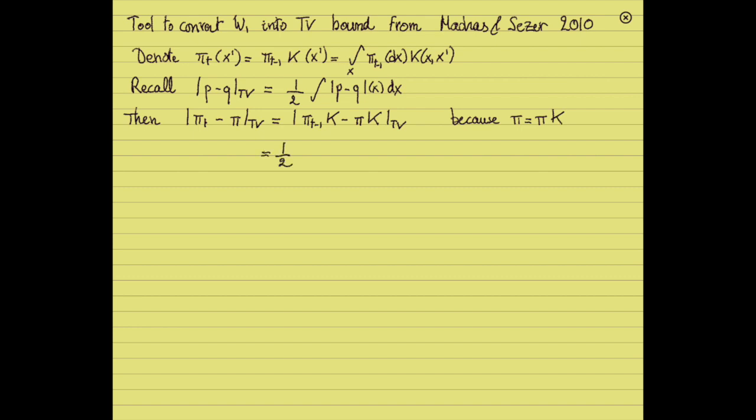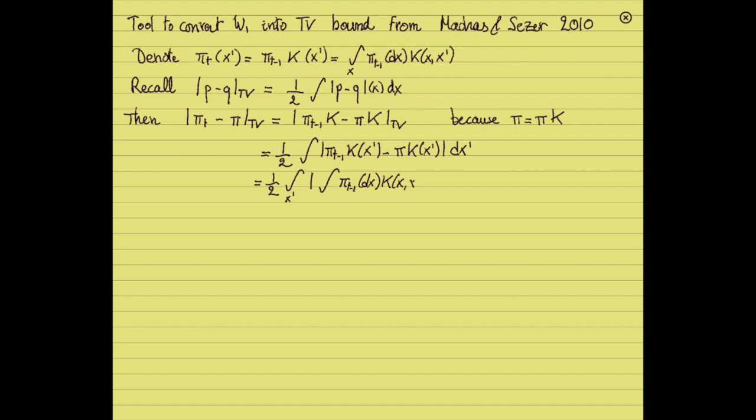Using the representation of the total variation recalled above, we see that this is half of the area between the two PDF curves. And then we write what those PDFs are as integrals in terms of the previous step pi t minus 1 and the transition kernel k.